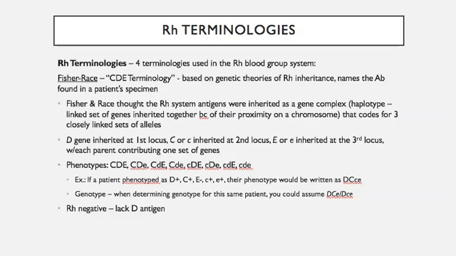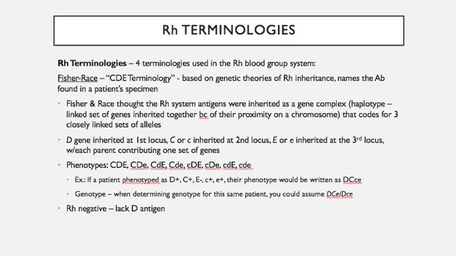Fisher and Race thought that the Rh system antigens were inherited as a gene complex, which is a haplotype. A haplotype is a linked set of genes inherited together because of their proximity on a chromosome.